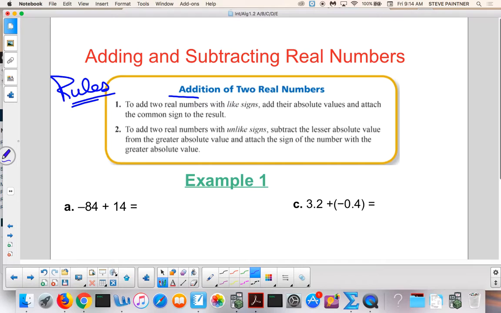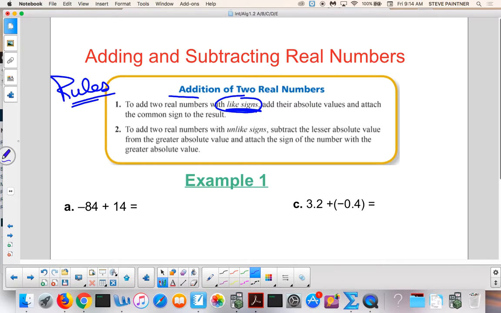Either it's going to be same sign, positive plus positive or negative plus negative, or it could be opposite signs, like positive plus negative or negative plus positive. So they start you off with this: to add 2 real numbers with like signs. I'm sorry, you probably are having a hard time reading because those slides are really small. But like signs would be positive plus positive or negative plus negative.